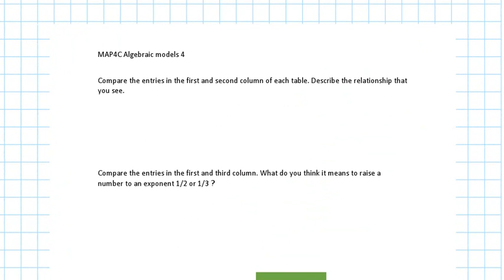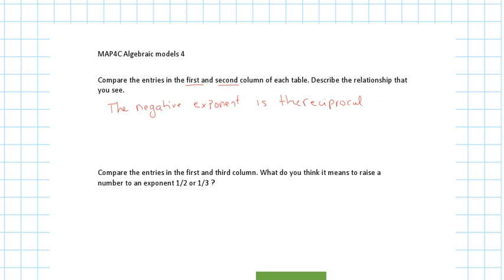So to compare the first and second column, the negative exponent is the reciprocal of the positive exponent.